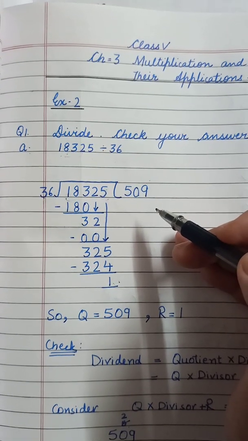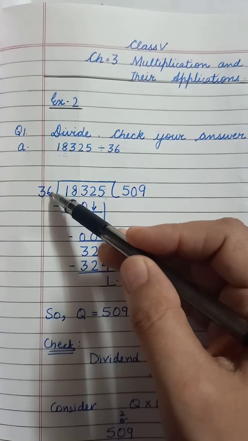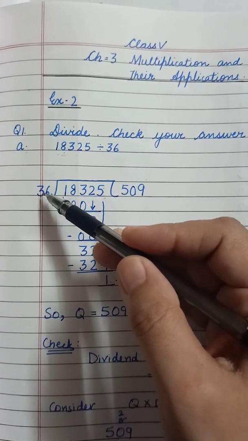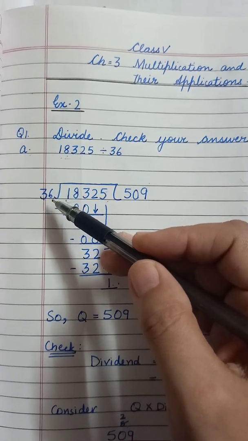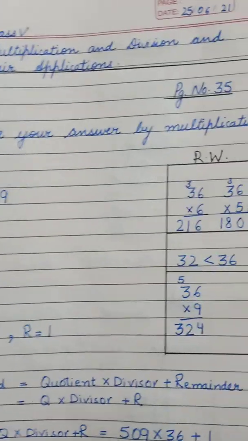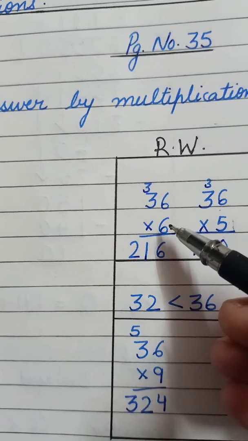For that we will have to make a guess, because 36 is a big number, right? And you have done tables till 17. So what we can do, if we consider 36 multiplied by 6, what do we get?